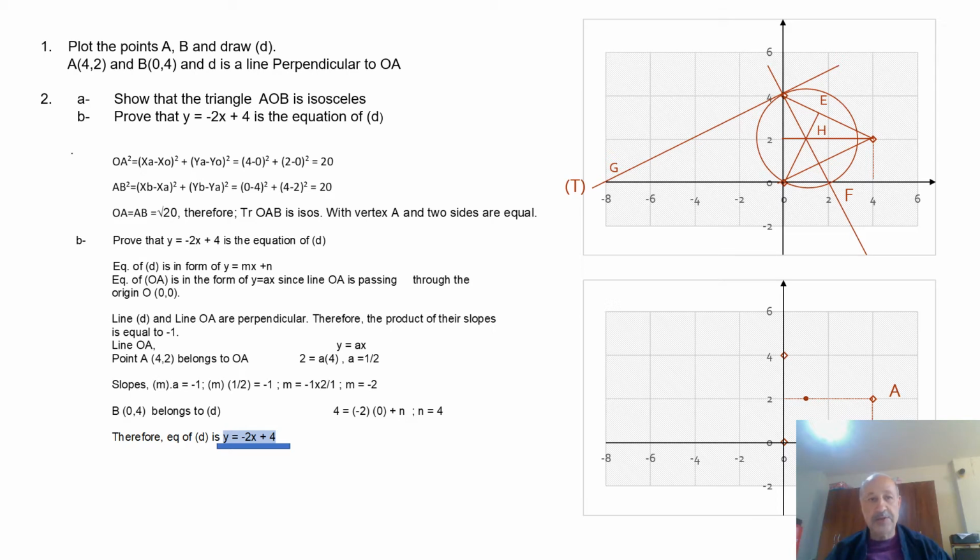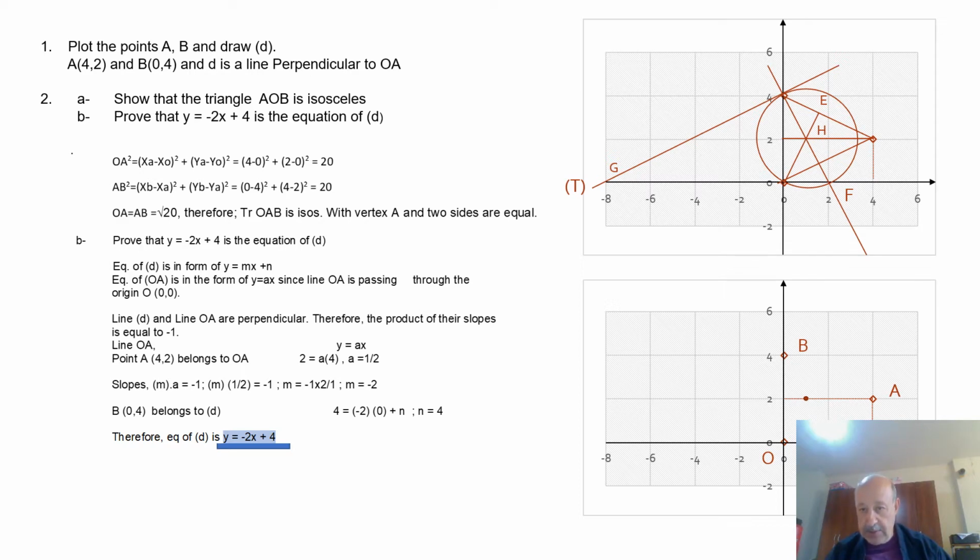And then consider point B, (0, 4). 0 is the abscissa and 4 is the ordinate. Let's see how we located it. Sorry, first is O, (0, 0), and then B, (0, 4). Okay, how to draw the line D perpendicular to OA?